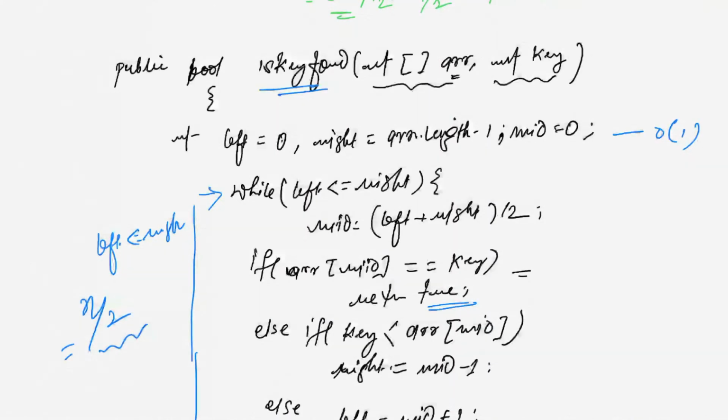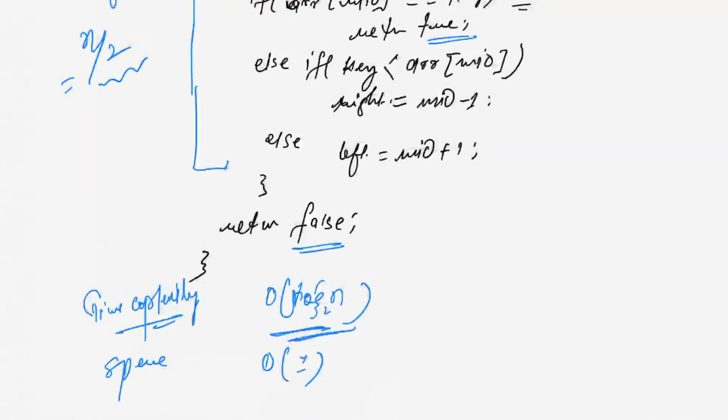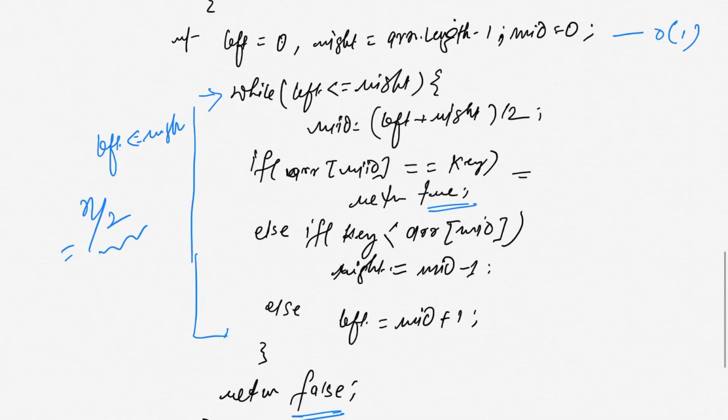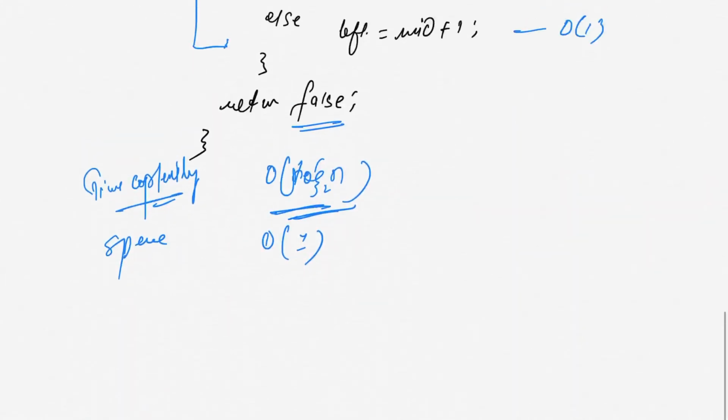If n is the size, in the worst scenario, that is the reason we call it log n with base 2. And for space, we are not using any extra space anywhere, all are constant operations. So pretty much it's very simple and we are clear about it.